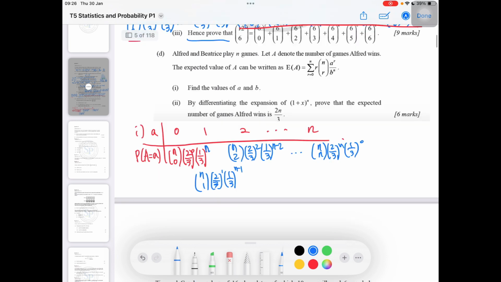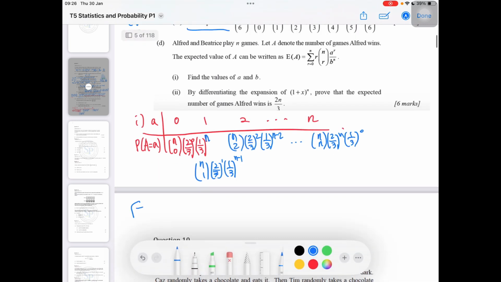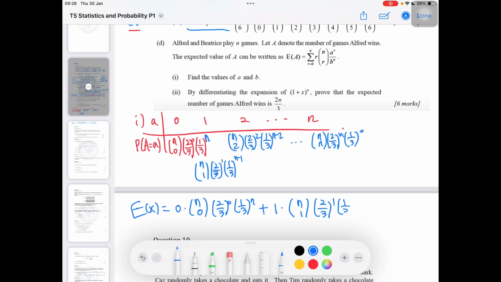So now the expectation we are making: 0 times nC0, 2 over 3 to the power of 0, 1 over 3 to the power of n, plus 1 times nC1, 2 over 3, 1 over 3 to the power of n minus 1, plus 2 times nC2, and so on.